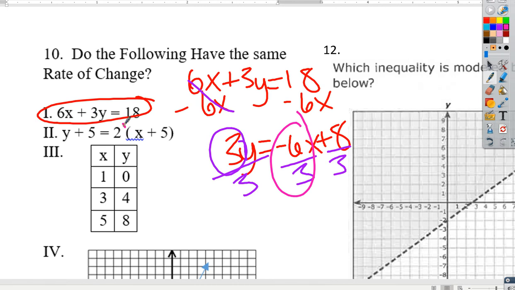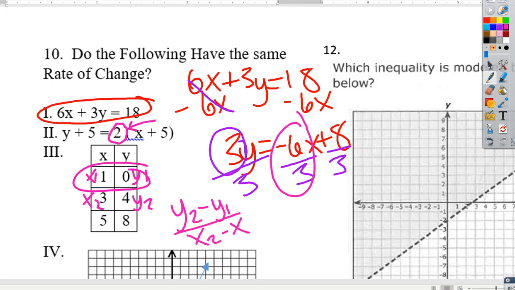The slope on this one, you already know. The slope is right here. Just know it. The slope is right there. For the next one, you're going to have to do your formula. x1, y1, x2, y2. Do your formula, y2 minus y1 over x2 minus x1, and find the slope.